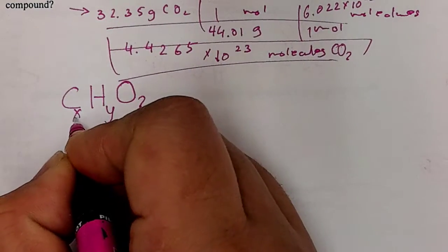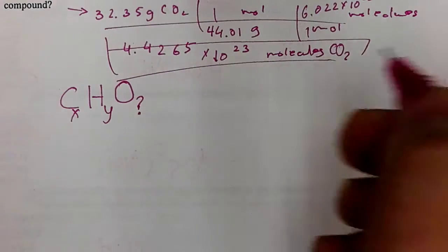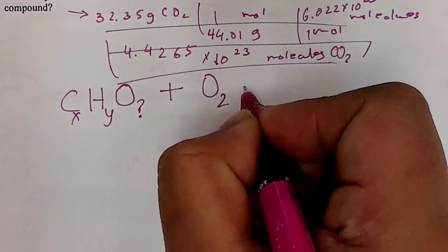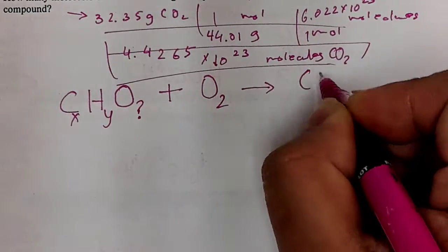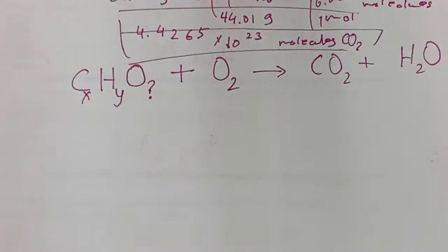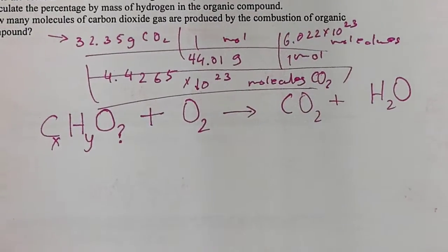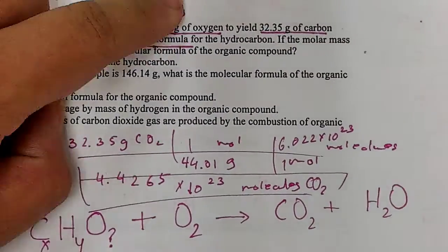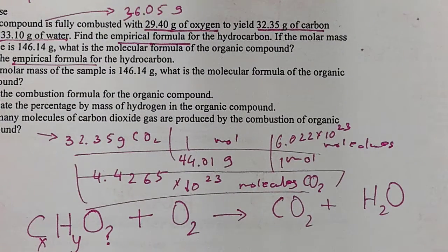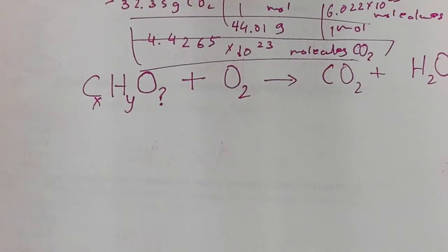So there is some carbon, some hydrogen, possibly oxygen, plus oxygen, because a combustion reaction always combusts with oxygen, going to CO2 plus H2O. Combustion analysis is really easy. Every time they give you carbon dioxide and water, go and find the moles and grams of the carbon and hydrogen. So that's what we're going to get started on.